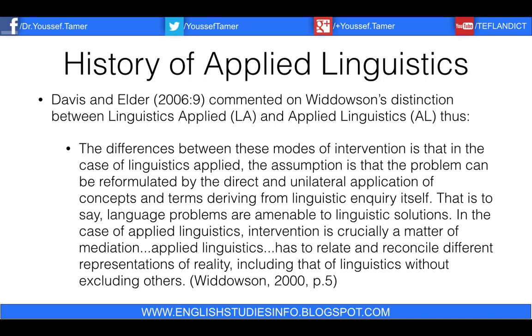This is one of the issues that was raised at some point in time, especially by Widdowson, who tried to advocate this notion of distinguishing between linguistics applied and applied linguistics. Now, what does he mean, according to him?